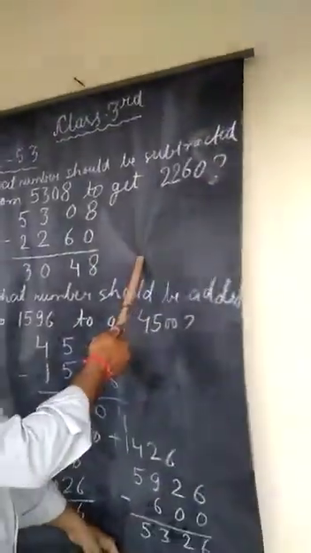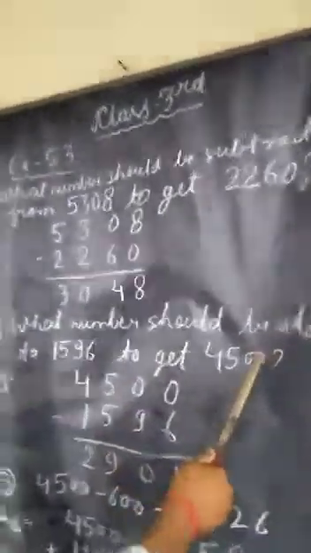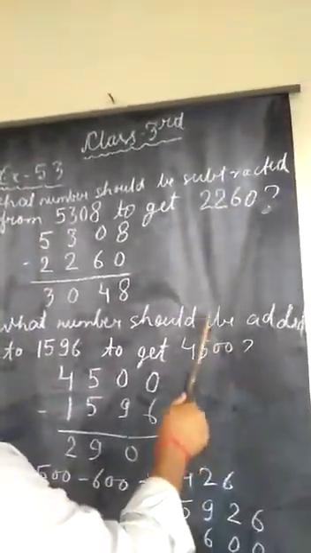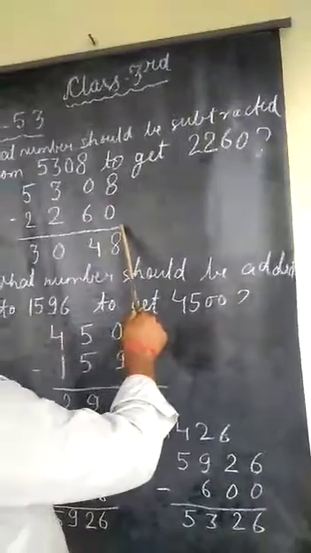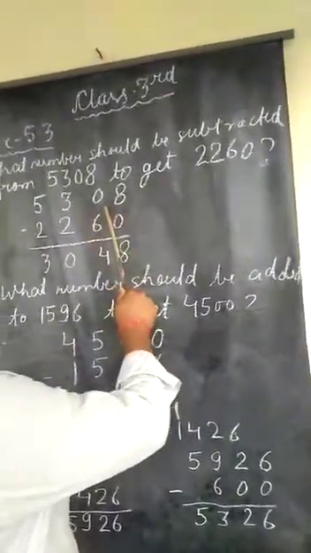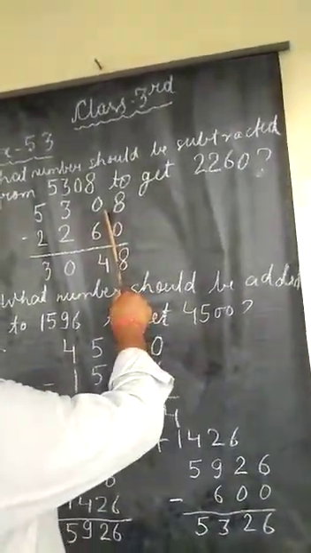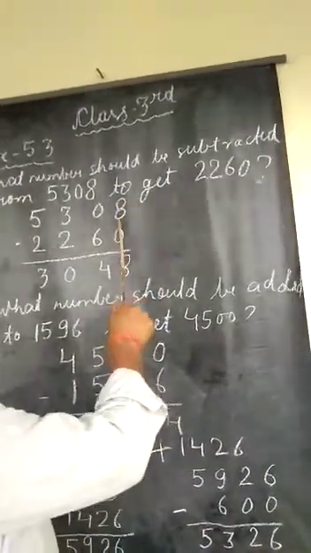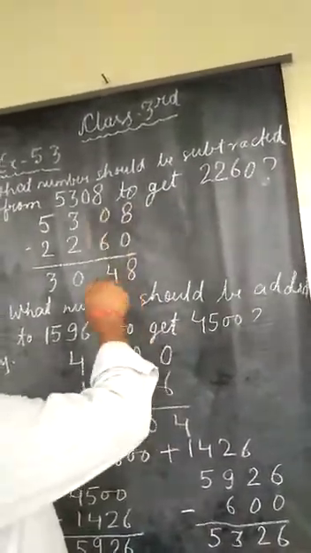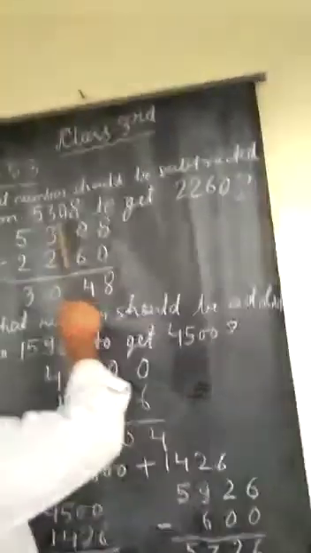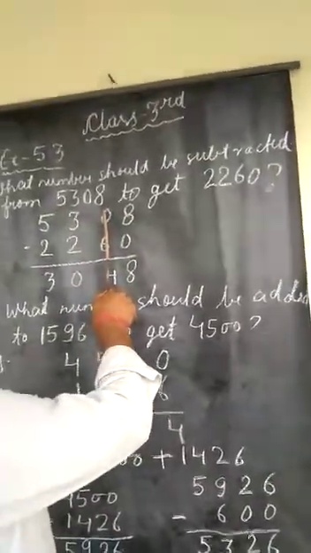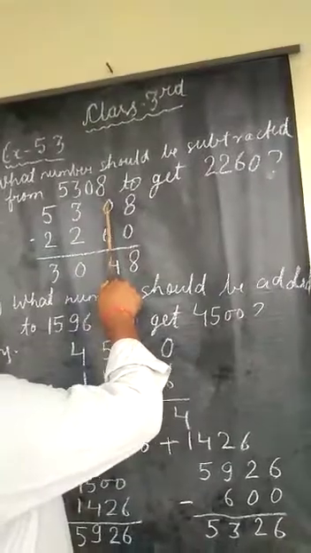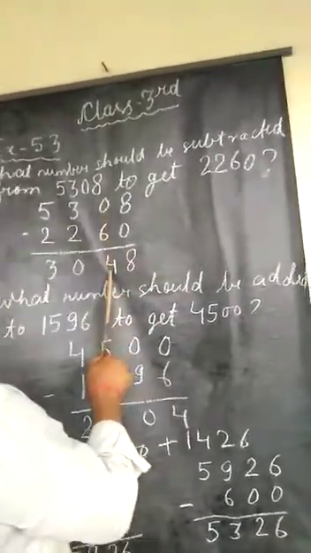Then from 5308 we subtract the number 2260. When we subtract we get 8, here 0 we borrow from 3, and here we obtain 10. We subtract 6 from 10, we obtain 4.